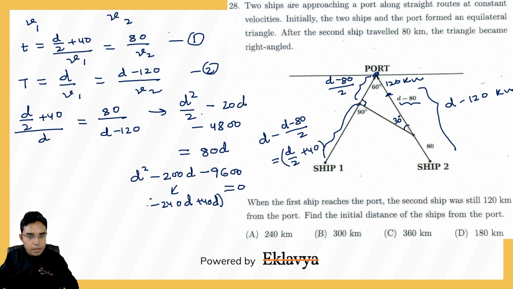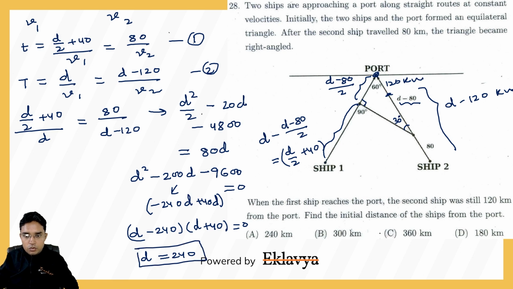Their product will be, you can check, 9600. So this factor would be d minus 240 is one factor and d plus 40 is another factor, equal to 0. So we are getting d equal to 240, because minus 40 is not possible. So answer for this question is A.